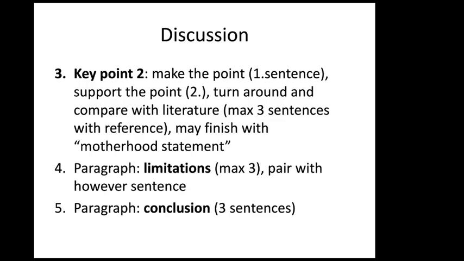Something that allows me to put things in perspective, each of them with a reference, and end with the motherhood statement. So for example, in children with the highest infection risk or retreated patients with high likelihood of infection, low dose should be the preferred way to go. Something along those lines.